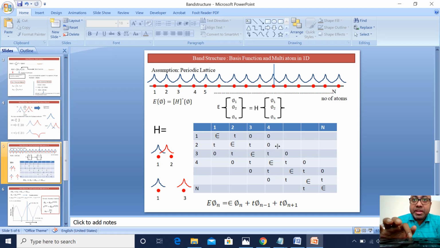E phi n is equal to epsilon phi n plus T phi n minus 1, the previous one, plus T phi n plus 1, the next one, right? So since you know H, n is actually any arbitrary position. You can suppose this is my n. So epsilon phi n, then you have to go to the previous one, T phi n minus 1, T phi n plus 1, right? So that's what we have written, the whole part.